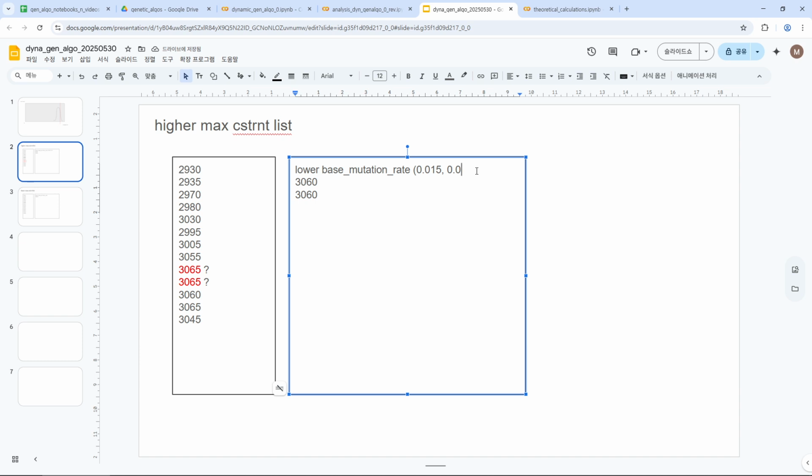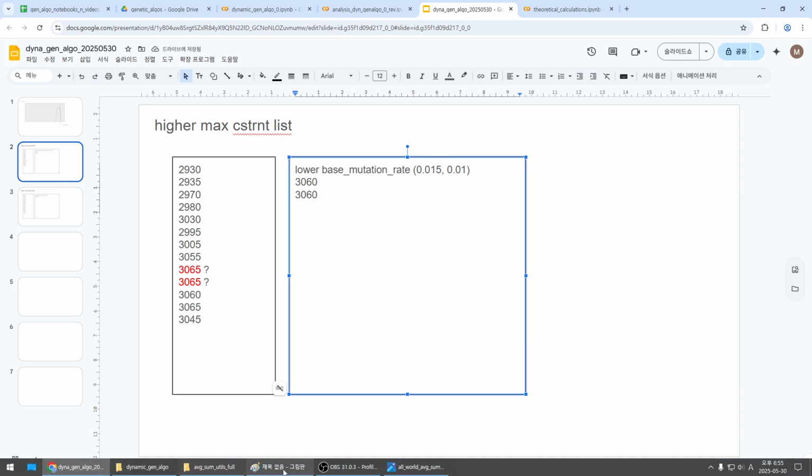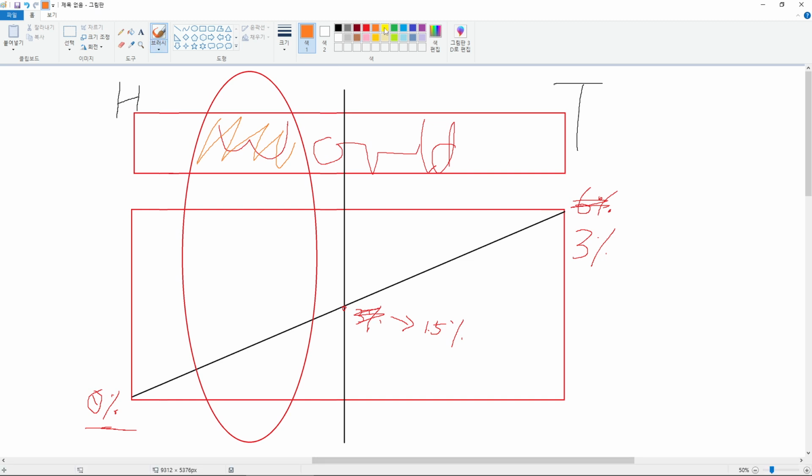What was it? Oh yeah, 0.01. So 1%. So with that, now this becomes 2%, and this in the middle, it's 1%, and this is still close to 0.